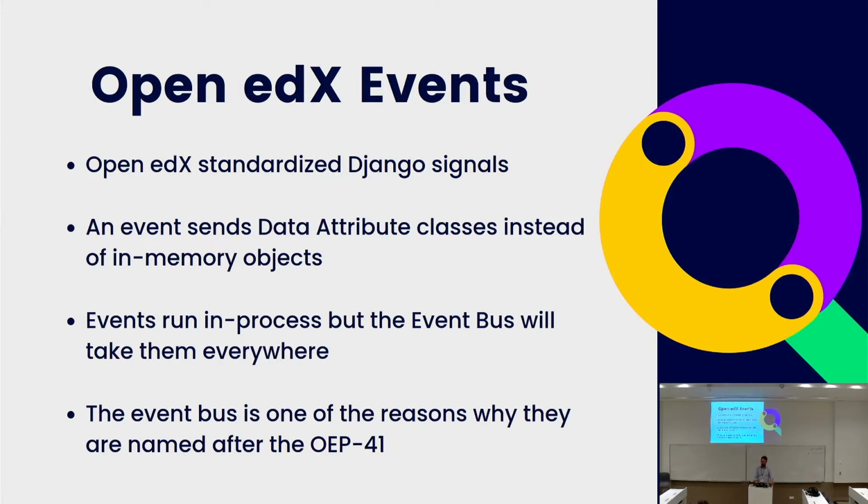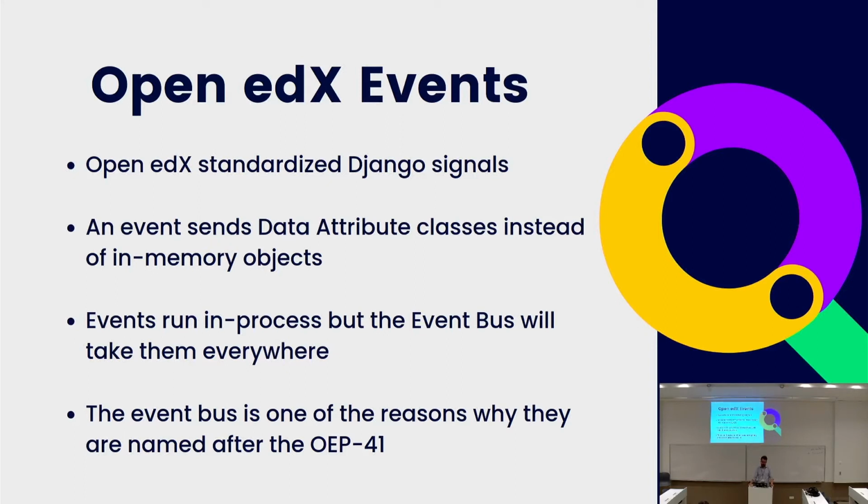But these are standardized Django signals driven more by a domain, like a learning domain context. So the student enrolled is not a record was created for this class at the database. No, a student registered. That's something I can understand. That's something I can attach my business logic to, the fact that a student registered.